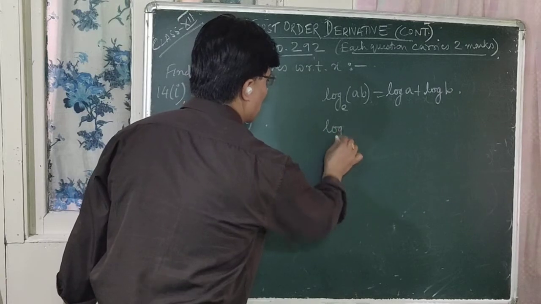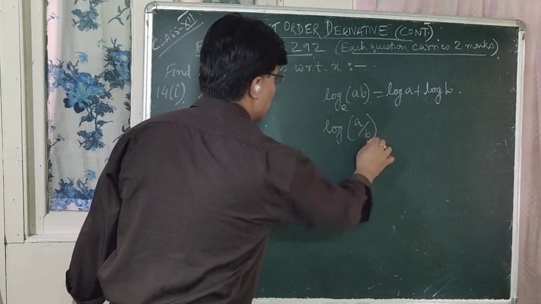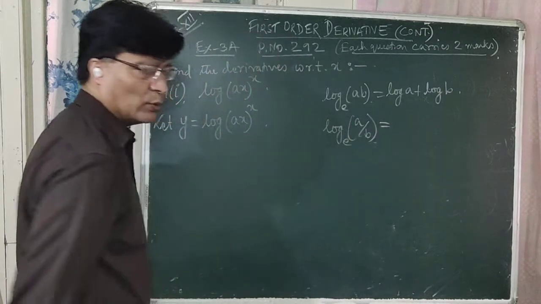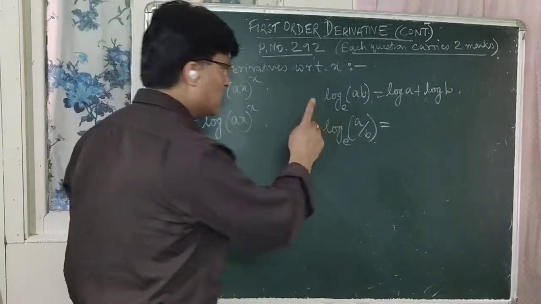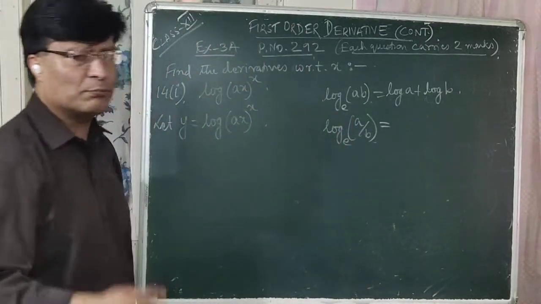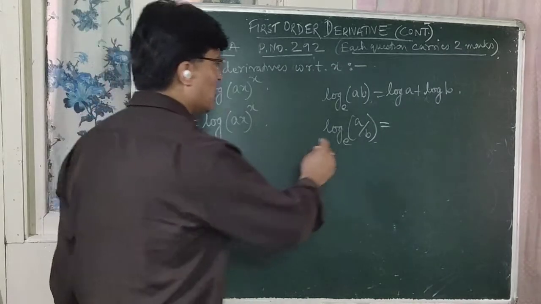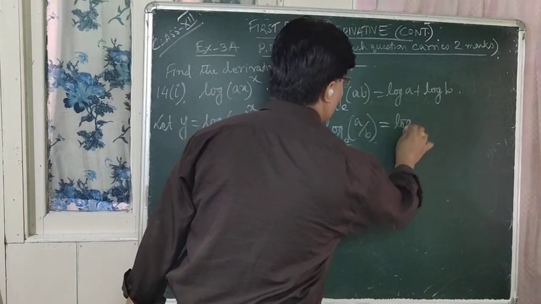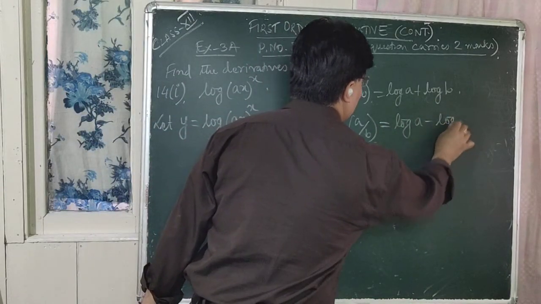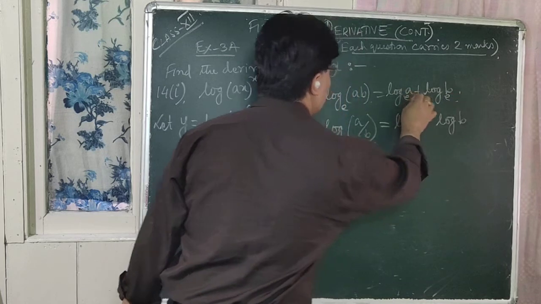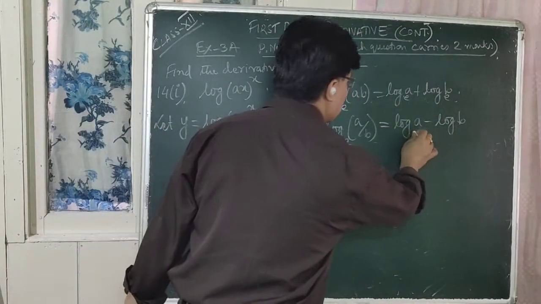Then comes log of a by b, the base is e here. The logarithm of the quotient of two numbers is equal to the difference of their logarithms, that is log a minus log b. Here if there is no base, the base is e.